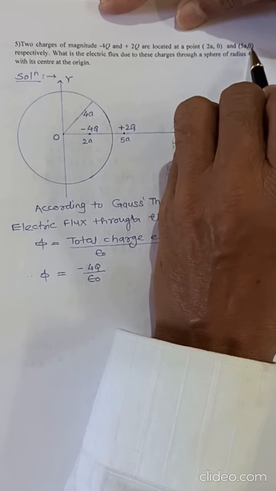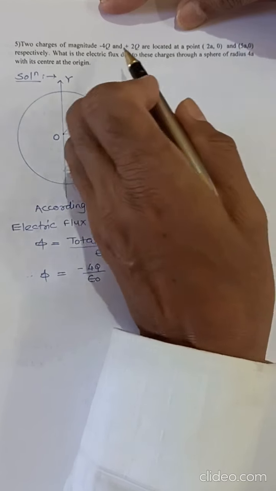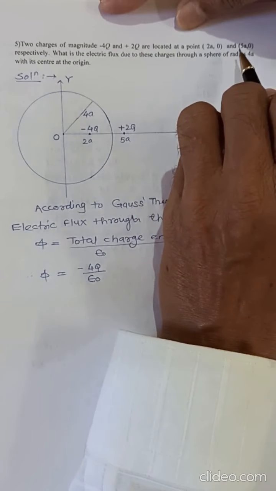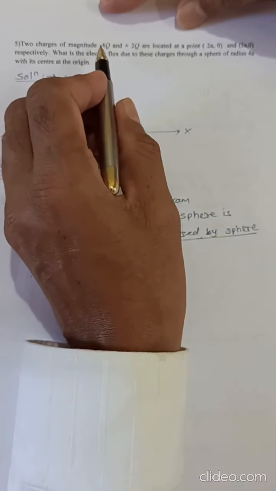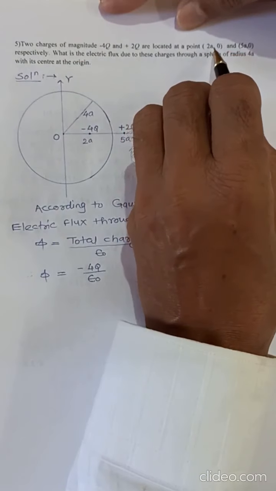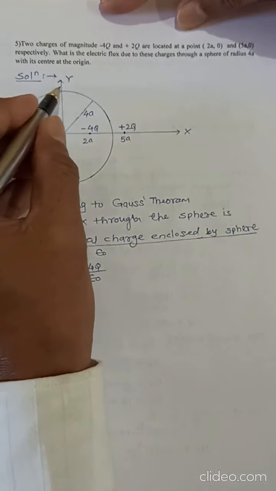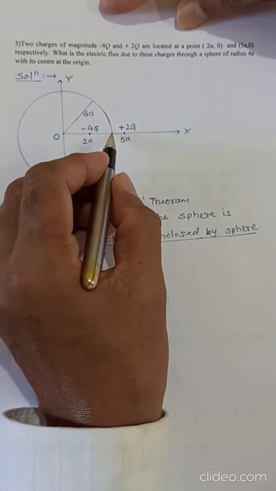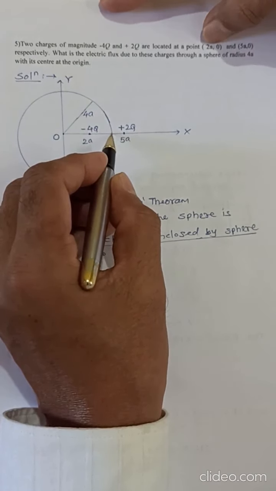Y coordinates are 0. It means the charges are situated along the x axis. So minus 4q is situated at point 2a. Because the radius of the sphere is 4a, up to this point the distance is 4a and this is 2a.